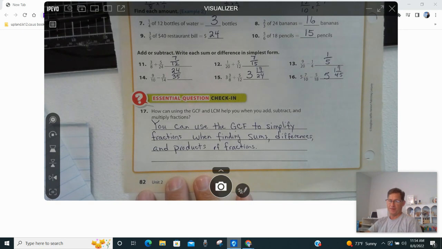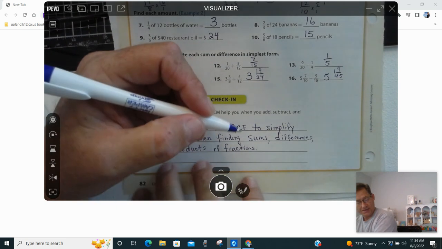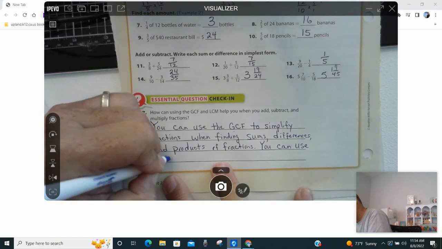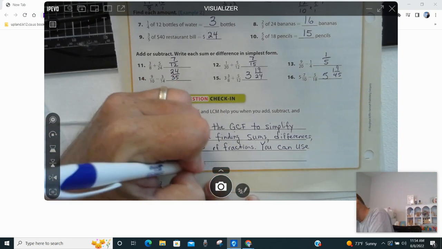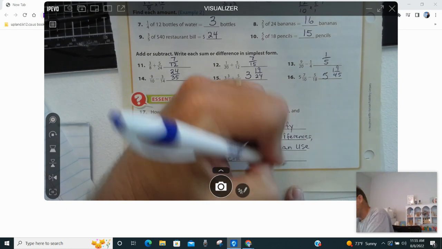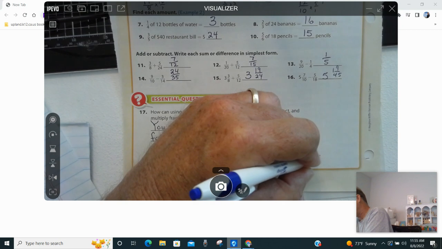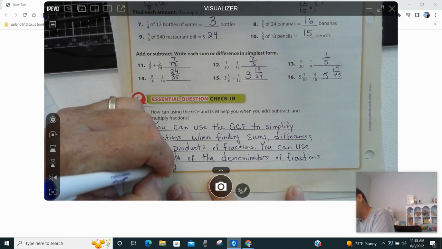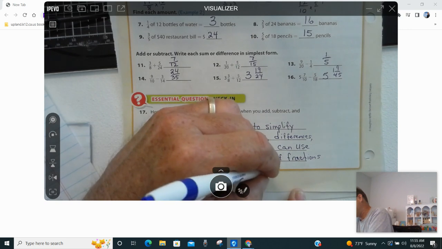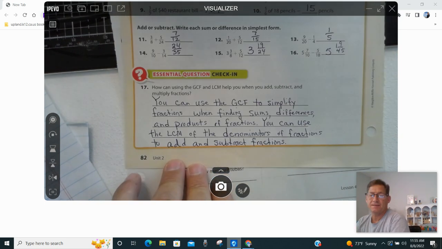It helps us simplify the fractions when we find sums, differences, and products. And we use the least common multiple of the denominators of fractions to add and subtract fractions. Okay, so basically, bottom line, GCF helps us simplify fractions. LCM helps us find a common denominator when we add and subtract fractions. Okay.